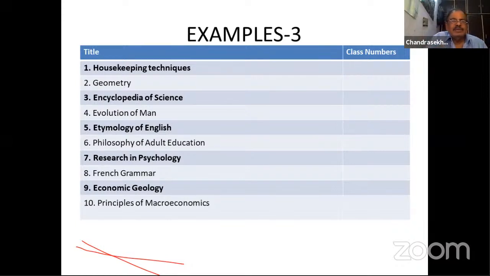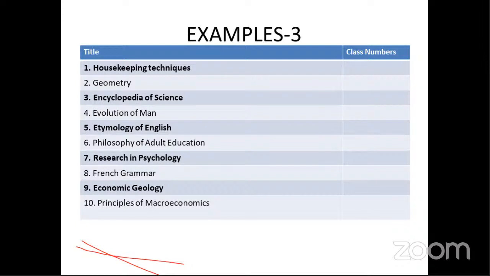So then let us go to exercise number 3. Housekeeping techniques. This is a management aspect. Housekeeping techniques are there in the third summary. 640 home and family management, sir.